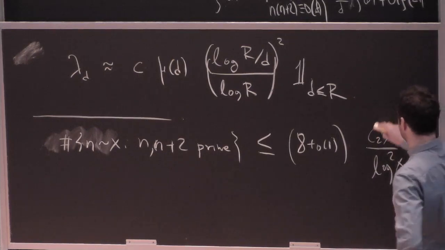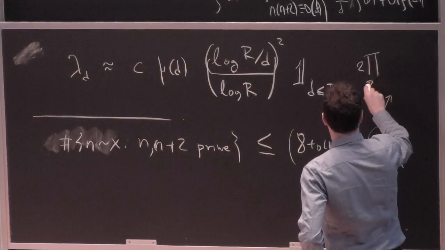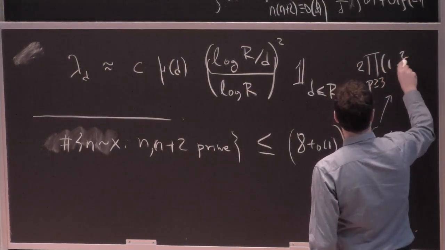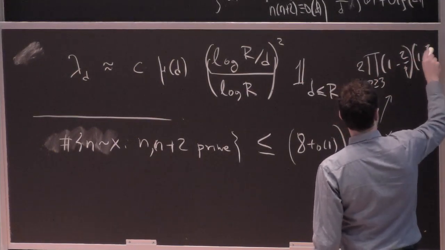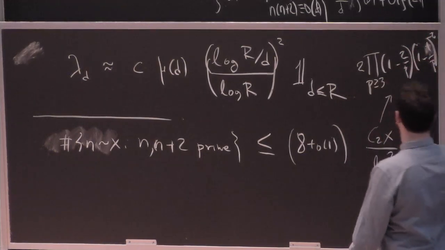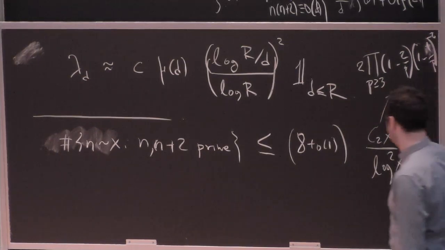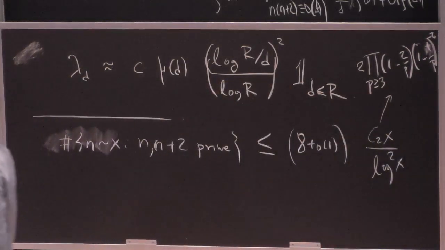So this is the twin prime constant, which is 2 times the product of 1 minus 2 over p, times 1 minus 1 over p to the minus 2. Anyway, it's some constant that if you've seen, you know where it comes from. If not, then don't worry about it.